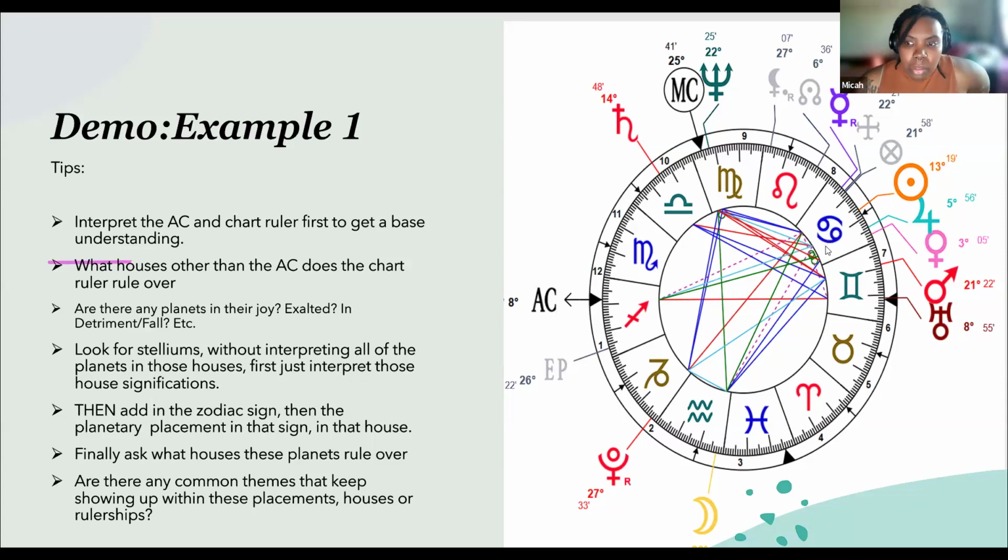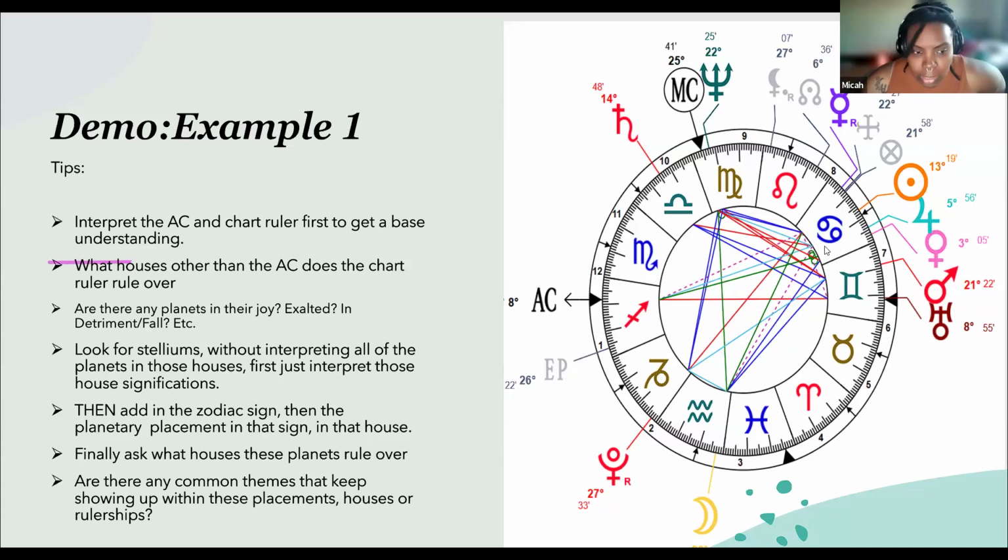With Cancer there, it can be about restrictions with what is home or security as well. And then add in the zodiac sign, the planetary placement in that sign in that house.